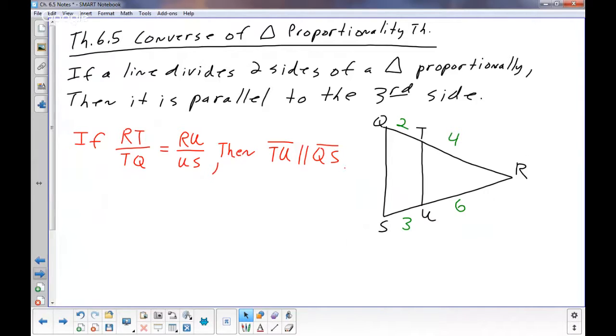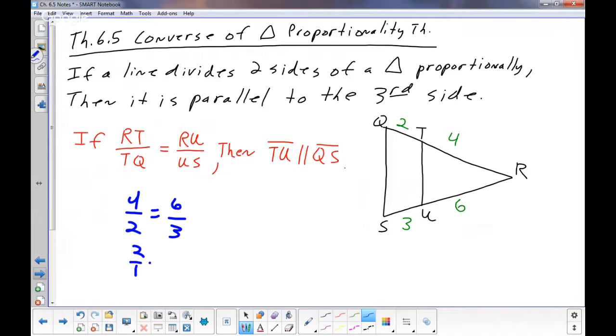So we see here that QT is 2, TR is 4, SU is 3, and UR is 6. 2 to 4, 3 to 6. Both have that 1 to 2 ratio. So again, RT is 4, TQ is 2, RU is 6, US is 3, and you see they're both 2 to 1.